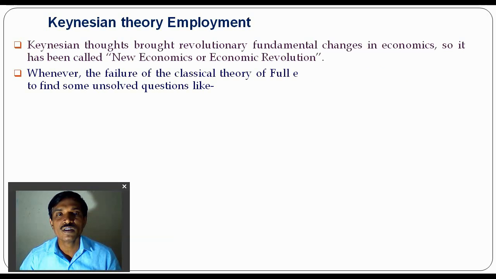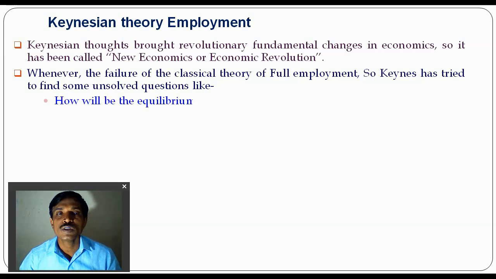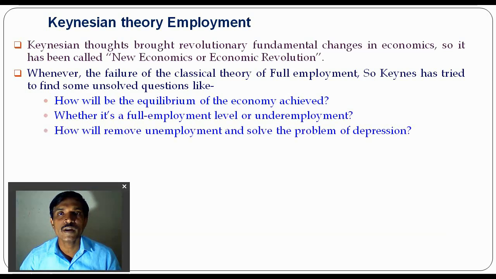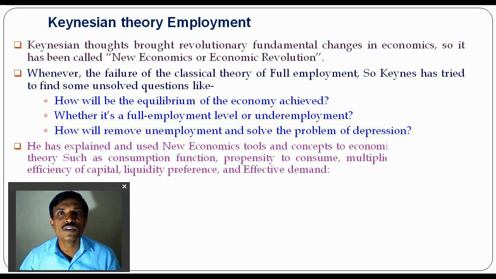Given the failure of the classical theory of full employment, Keynes tried to find some answers in his theory. How is equilibrium achieved in the economy, and is it at the full employment or the underemployment level? How can we remove the problem of unemployment, depression and recession? He tried to answer these questions in his theory.